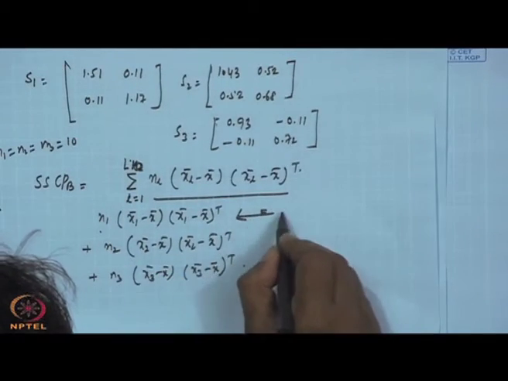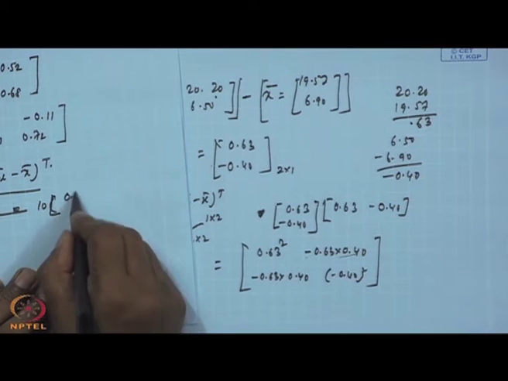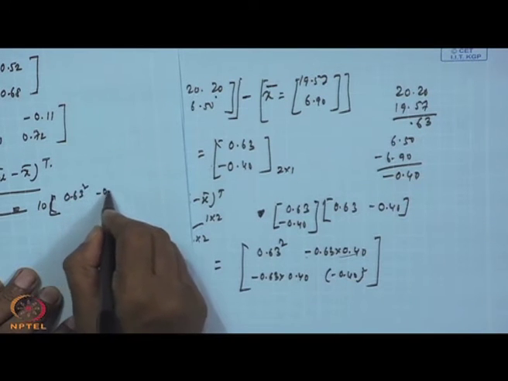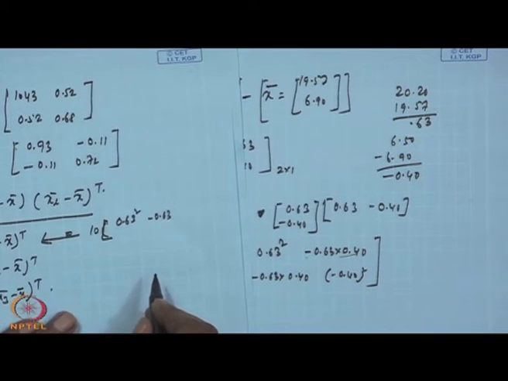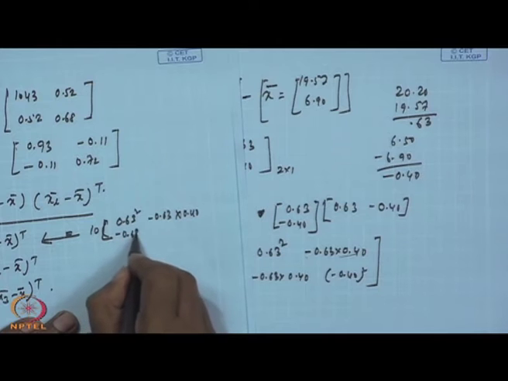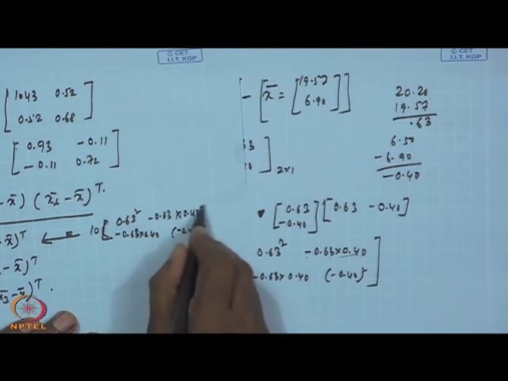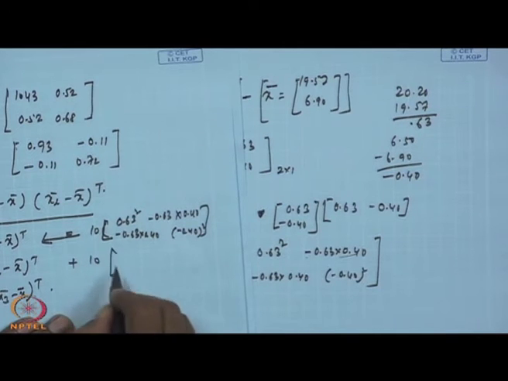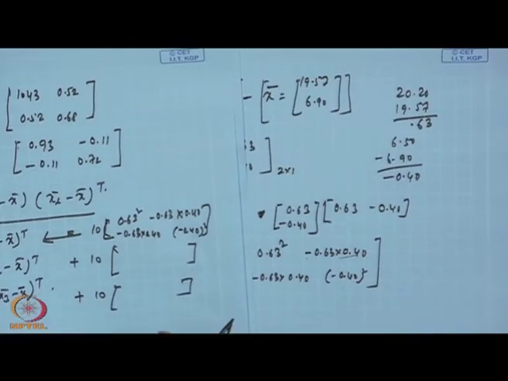So this quantity will be 10 into, we have already found out the value, 0.63 square, minus 0.63 into 0.40, minus 0.63 into 0.40, minus 0.40 square, plus 10 into whatever matrix value you get, plus 10 into this.